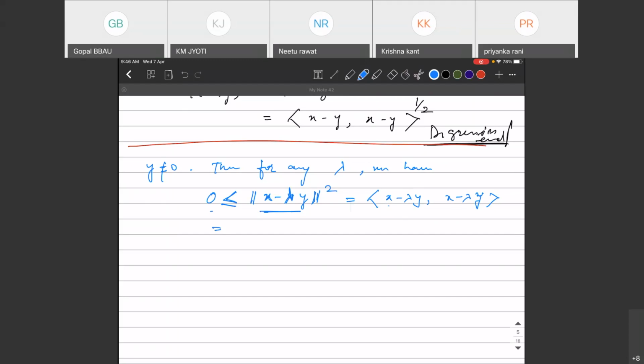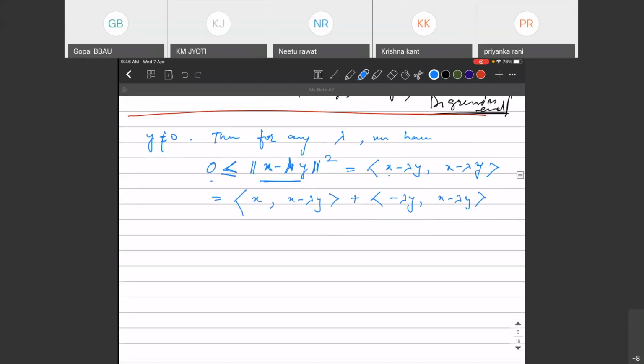This is linear in the first variable. So this is the inner product of x with x minus lambda y, plus the inner product of minus lambda y with x minus lambda y. Correct? That is the first condition.